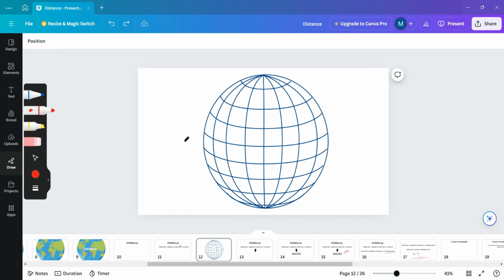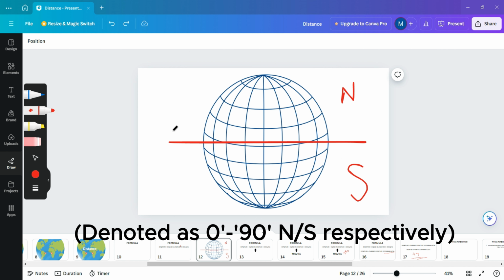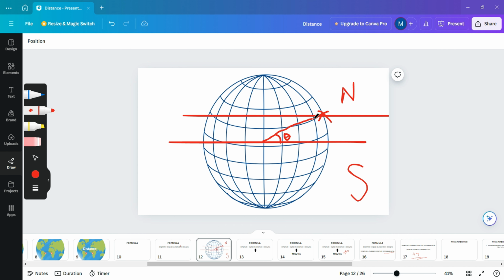Now coming on to latitudes, this horizontal line which divides Earth into two segments, that is the north and the south. Now if you want to figure out the value of a latitude, this is how we do it. So if we want to figure out the value of this latitude, then we draw a line through that and connect the line with the center and figure out the angle between this and this.